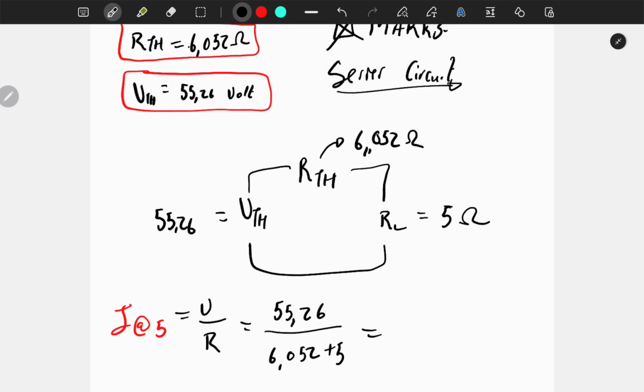So then your answer should be 6.02052 plus 5 amps.